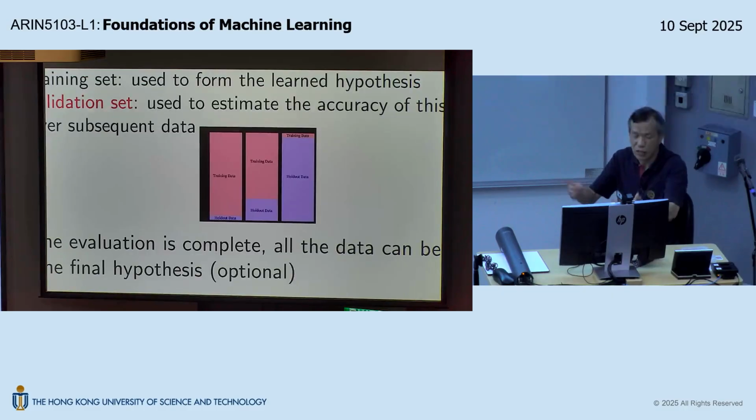Maybe even in the human learning case it is the same, right? Suppose that you have used 3 years of Gaokao exam for training, and then 2 years of Gaokao exam for evaluation, and now you have an idea of how good you may perform in the 26th exam. So you got, say, 80 marks.